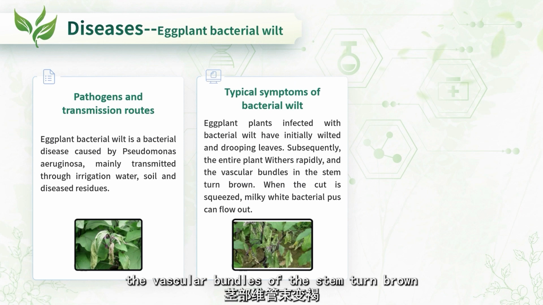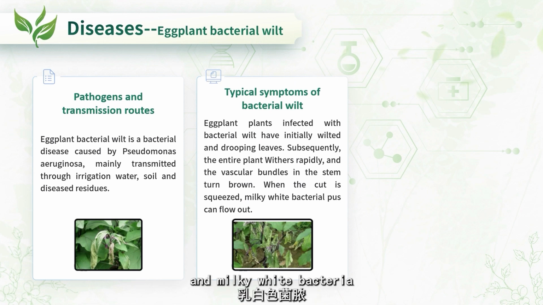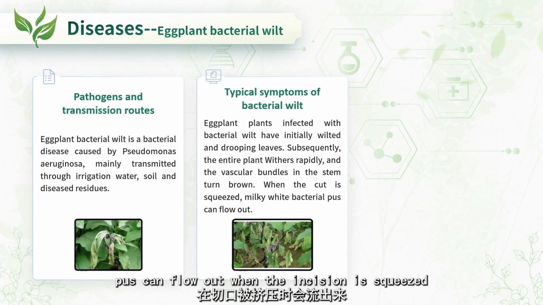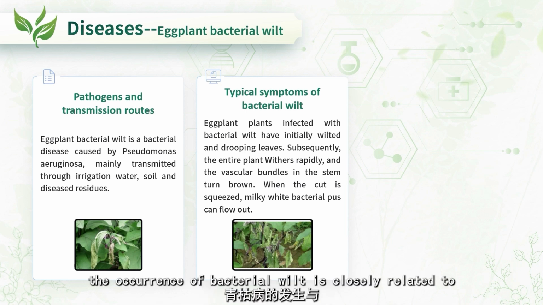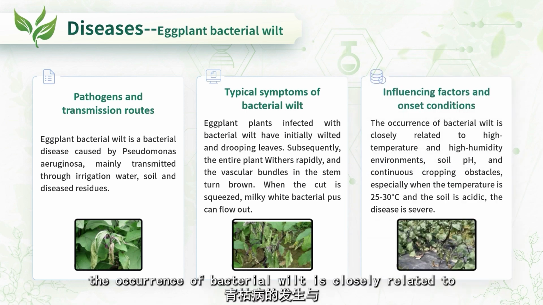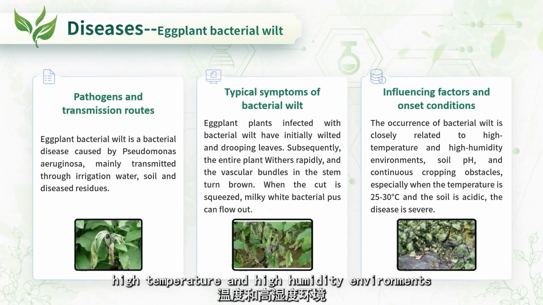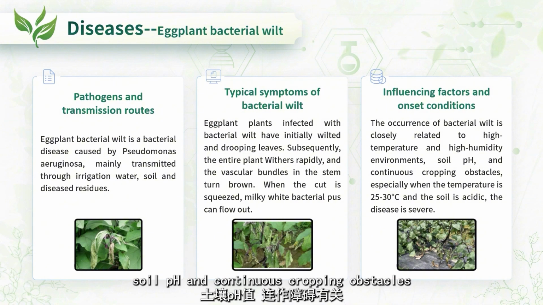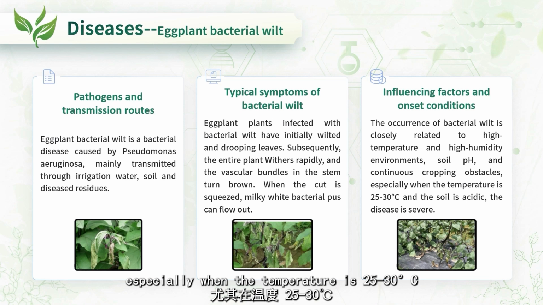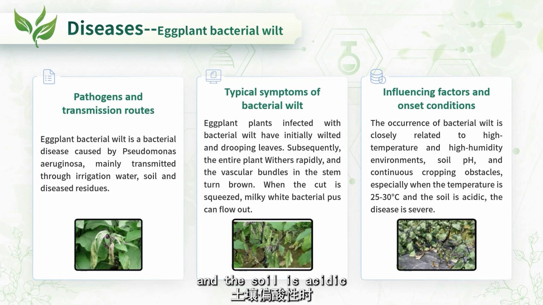The vascular bundles of the stem turn brown, and milky white bacterial pus can flow out when the incision is squeezed. The occurrence of bacterial wilt is closely related to high temperature and high humidity environments, soil pH, and continuous cropping obstacles, especially when the temperature is 25-30 degrees centigrade and the soil is acidic.